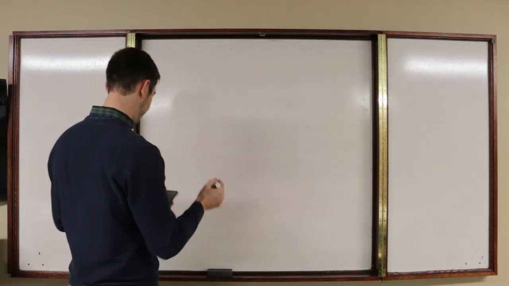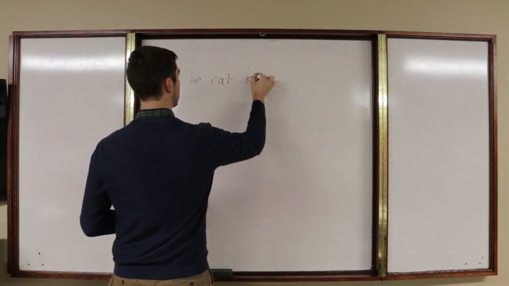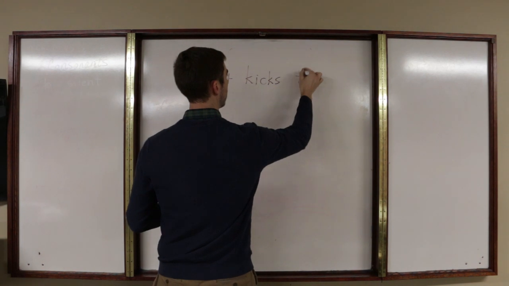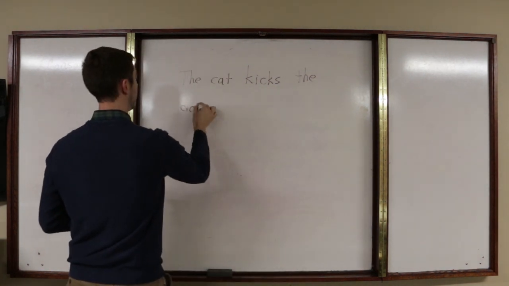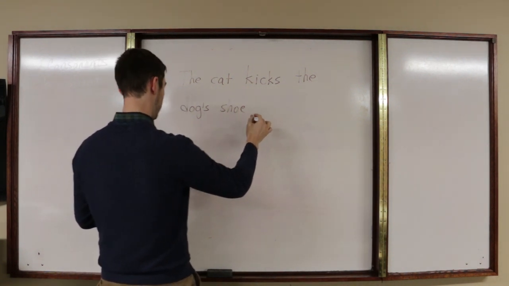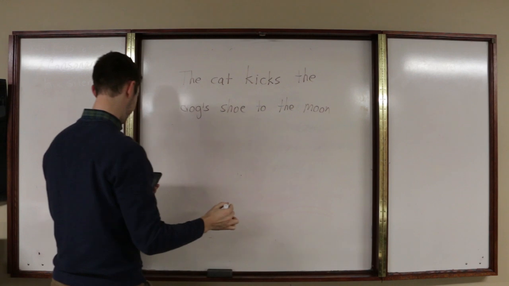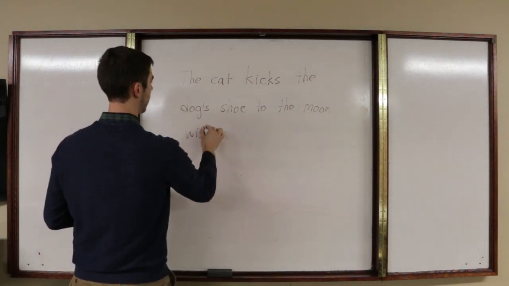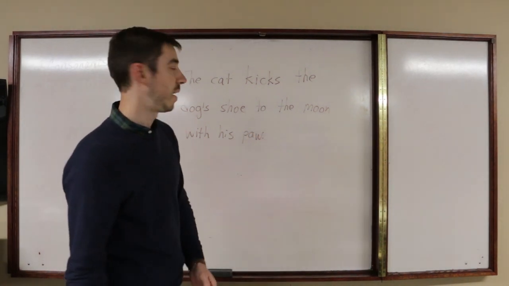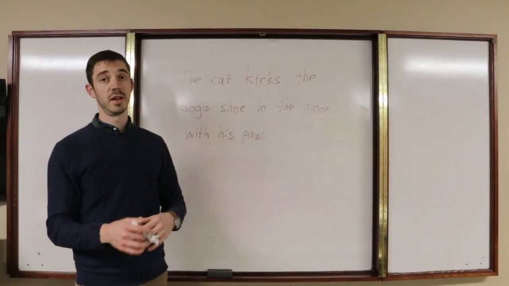The sentence is: the cat kicks the dog's shoe to the moon with his paw. Okay, the cat kicks the dog's shoe to the moon with his paw. Hopefully, this is a really silly sentence.